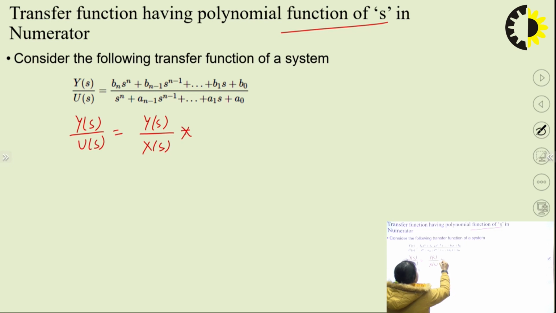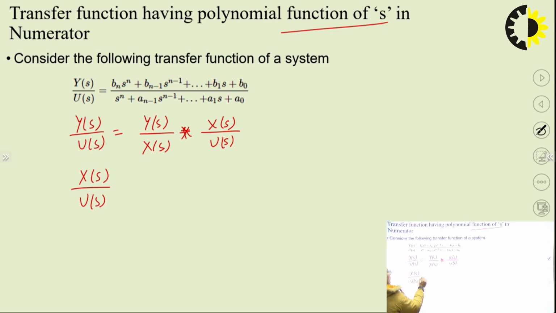And Xs, this is multiplication, Xs upon Us, right? Now again here I am taking Xs upon Us will be equal to constant upon denominator, right? And the s polynomial in the numerator will be taken with the Ys upon Xs.